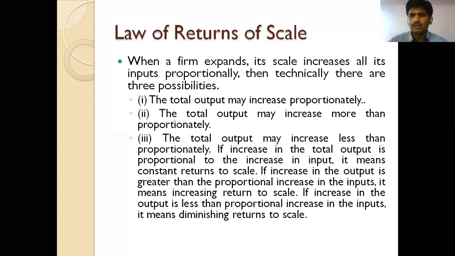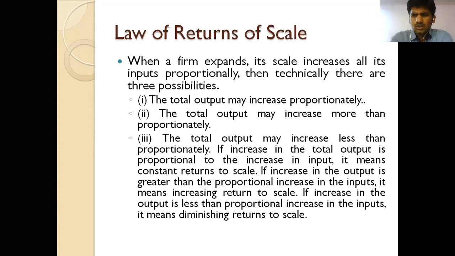The total output may increase more than proportionally. Or the total output may increase less than proportionally. One is proportionally, second is more than proportionally, the third is less than proportionally.